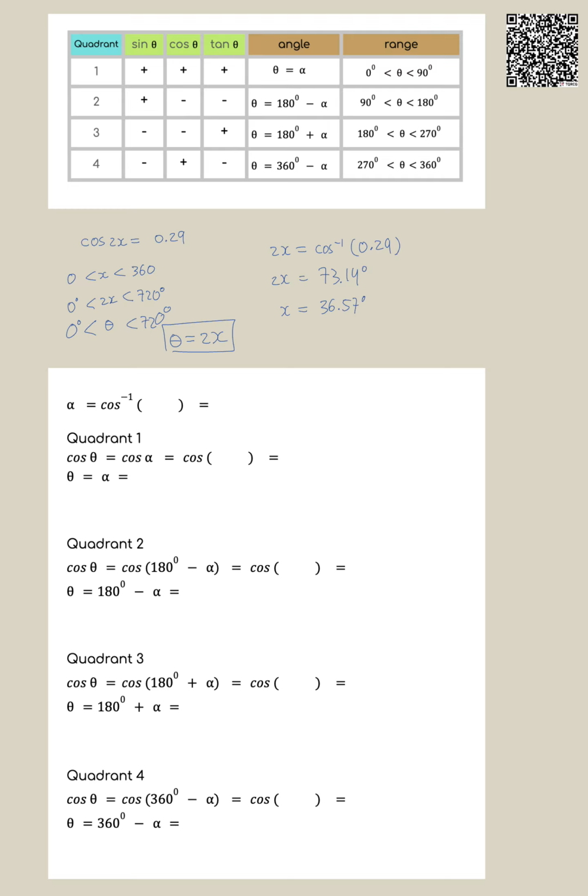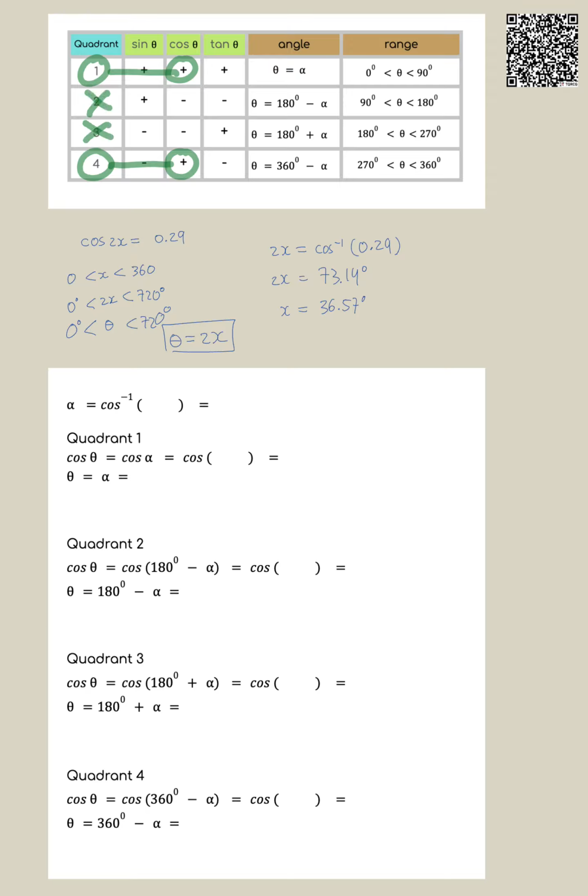The cosine value is a positive number, which means we must use quadrant 1 and 4, because quadrant 1 and quadrant 4 produce positive cosine values. We should not use quadrant 2 and 3.